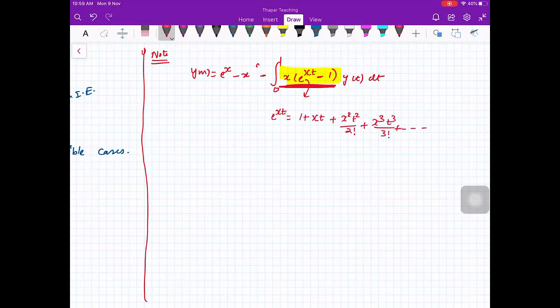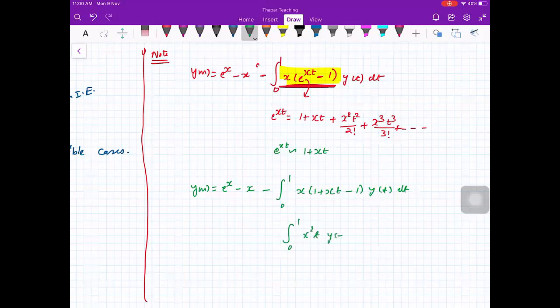So if you approximate e raised power xt with 1 plus xt, then you can write y of x is equal to e raised power x minus integral 0 to 1 of x (1 plus xt minus 1) y of t dt. So now is it a separable kernel? Yes, ma'am. Right? So note is, sometimes you can approximate the kernel so that it becomes a separable kernel.